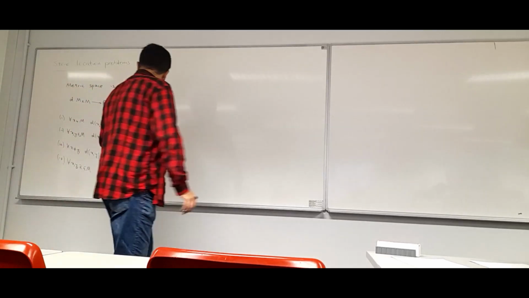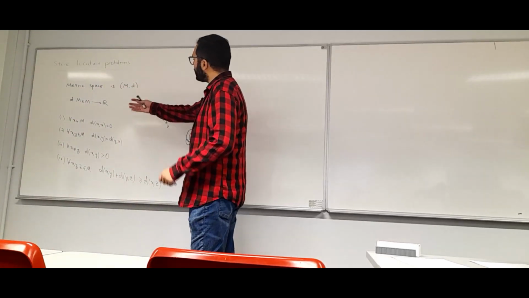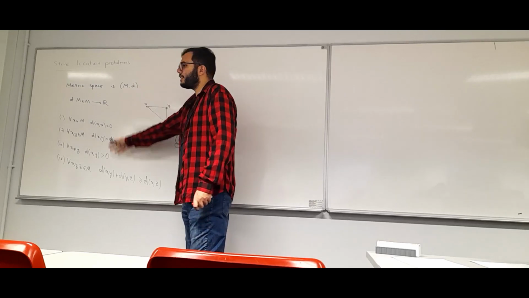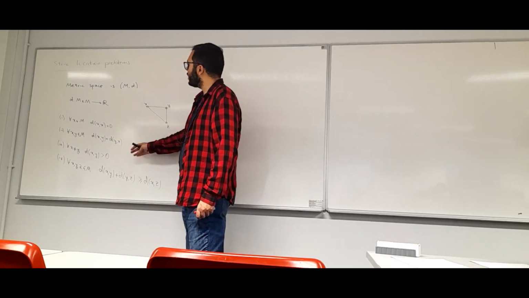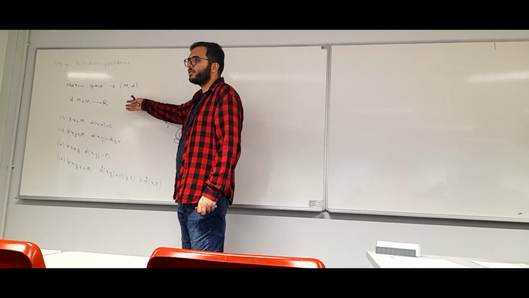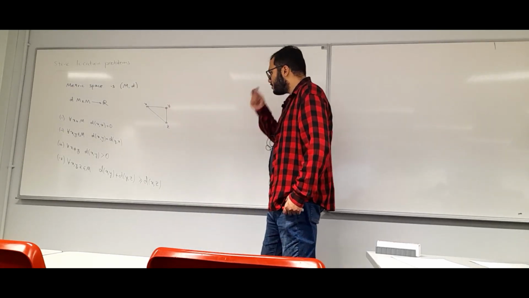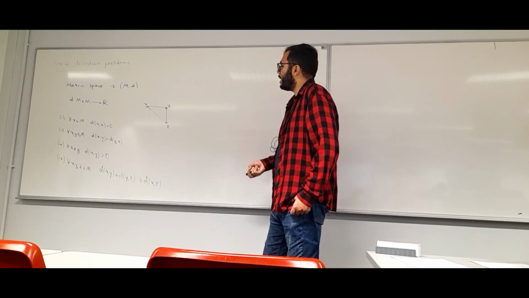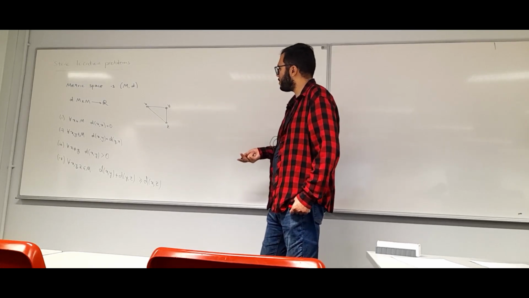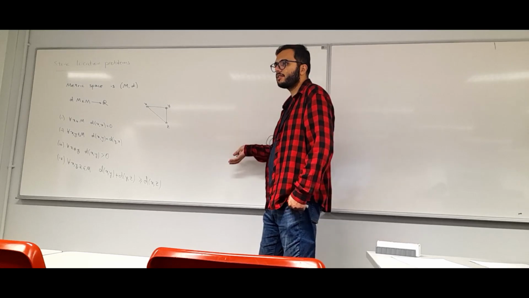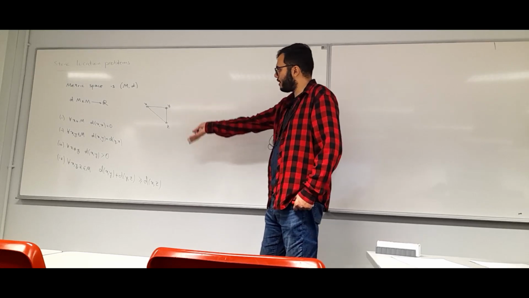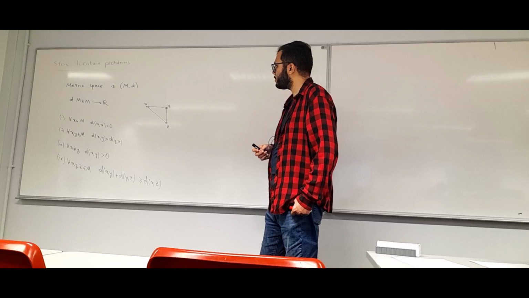Okay? So whenever we have a bunch of objects and we have a distance function that satisfies these requirements, we say that this is a metric distance and it's a metric space. Now, it doesn't have to be any of the distances that you're familiar with, but for example, the Euclidean distance is, of course, giving us a metric space.